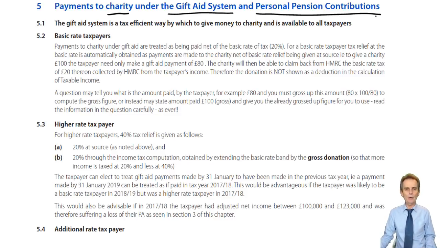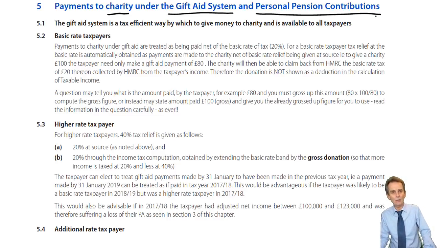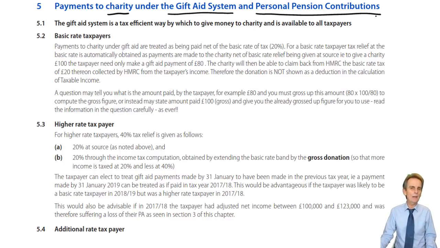So whereas qualifying loan interest payments achieve tax relief by reducing the amount of income chargeable to tax, serving to reduce the taxable income figure, these two types of payments, a donation to a charity under the gift aid system or a contribution into your own pension fund, neither of these will show up as deductions. So tax relief must be given in a somewhat different way.